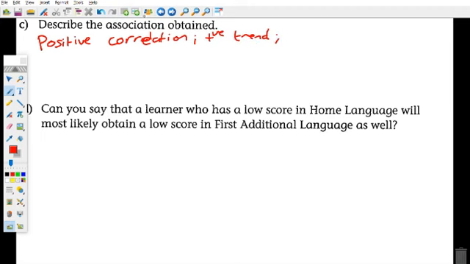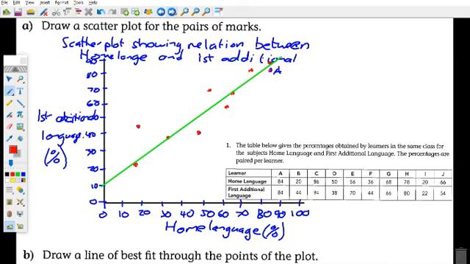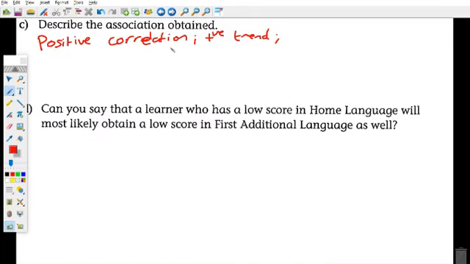So, what does that mean in words? Who can describe what this means in words? A positive trend in this graph. Look at this graph here. What's the heading? It's a scatter plot showing the relationship between home language and first additional. So, therefore, we can say, because it's that, we expect if higher marks for home language, okay, what do we expect?